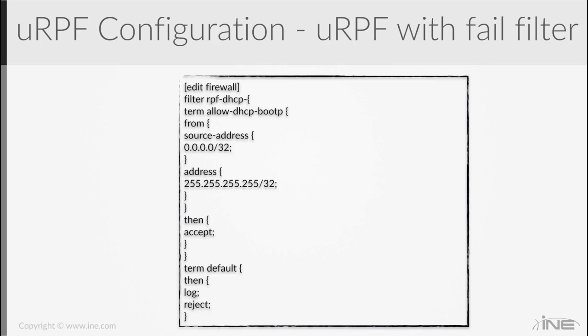Notice that the source address is 0.0.0.0/32 because that's typically the source address used by DHCP, and the destination address is four octets of 255. If it matches these criteria, it'll accept it, else it'll reject it. That type of filter is used so that valid DHCP requests are not dropped by a URPF setting.